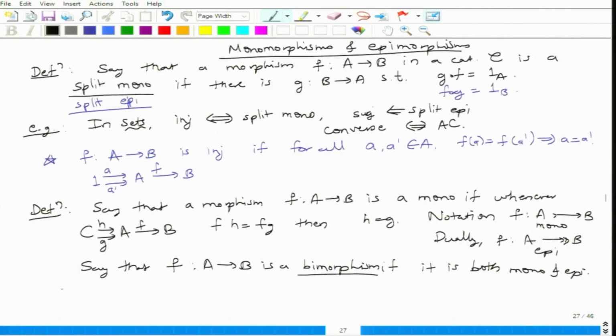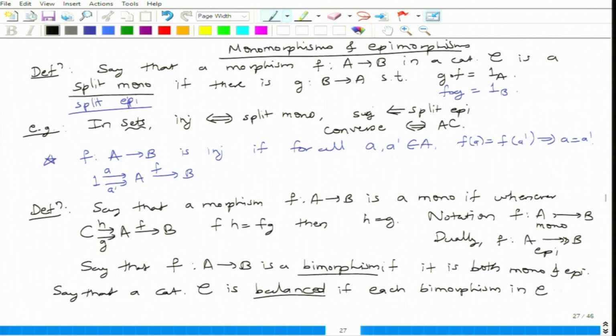So say that a category C is balanced if each bimorphism in C is an iso.